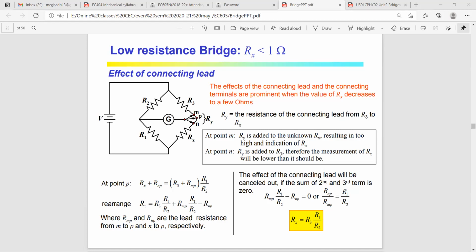Okay, so the Kelvin double bridge can compensate for those limitations of the Wheatstone bridge. Using the Kelvin double bridge, we can measure low resistances. It's a low resistance bridge. So let me move on to the Kelvin double bridge.